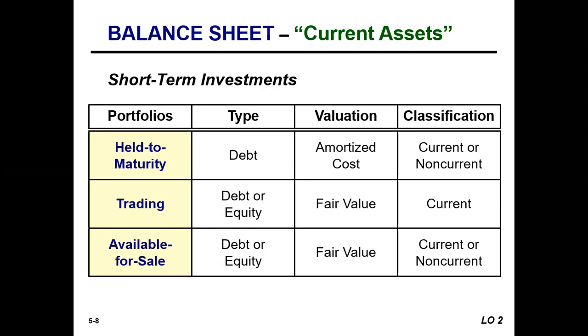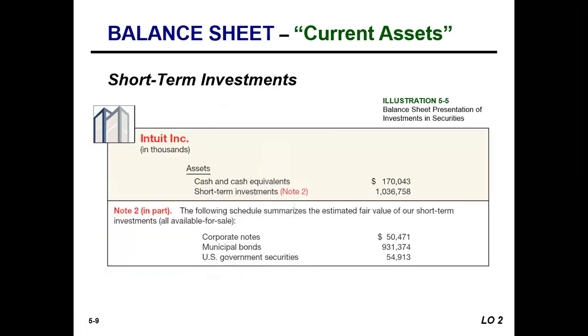So we see the valuation: we use amortized cost. We get more into calculating amortization for investments in chapter 16 or 17 in intermediate accounting 2. Trading and available for sale use fair value calculations, and then there's classification, whether they're current or non-current.